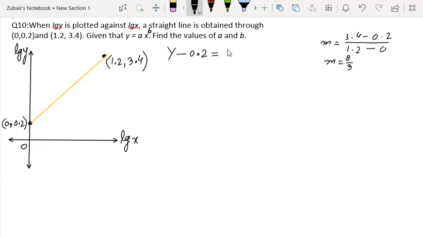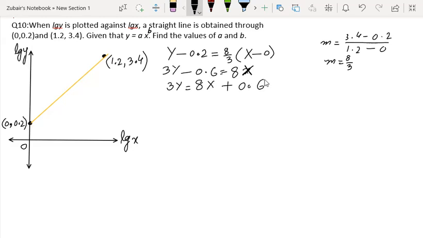So here we will use 8 upon 3 times x minus x1. So x1 is 0. So basically we have 3y minus 0.6 is equal to 8x, so 3y is equal to 8x plus 0.6.